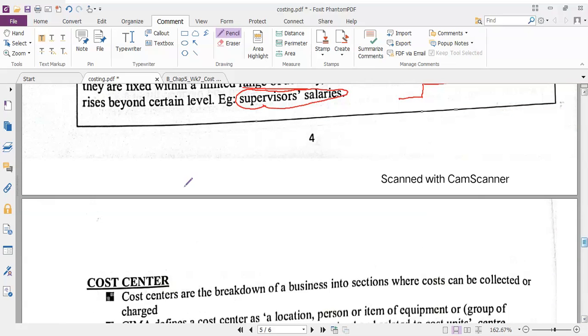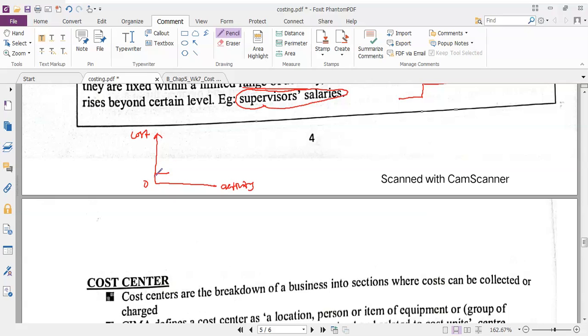Itu saya tinggal. Okay. Dia punya graph macam ni. Kosong. Because yang ini activity ataupun production level. Okay. Dia start macam ni.